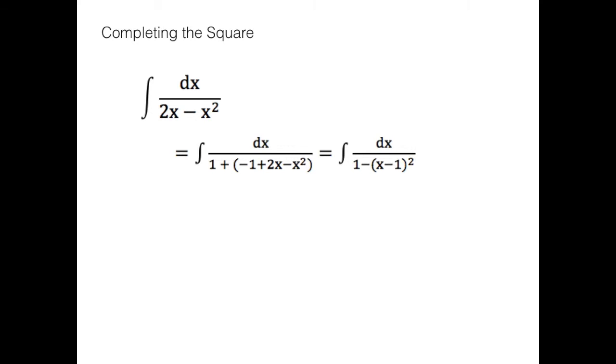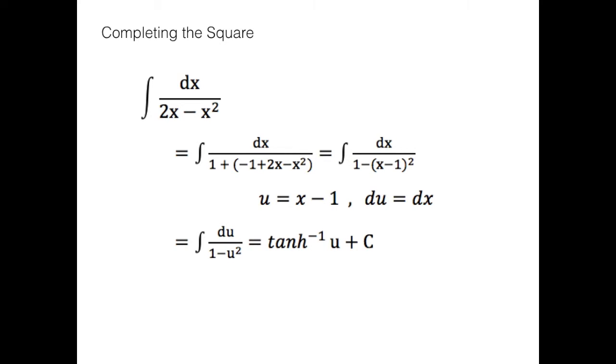So after distributing a negative and factoring, that leaves us with the integration of dx over 1 minus quantity x minus 1 squared. So once we get it to this point, the rest is pretty simple. We can just use substitution. So let's set x minus 1 as u and dx as du. When we do that, we're left with the integration of du over 1 minus u squared.